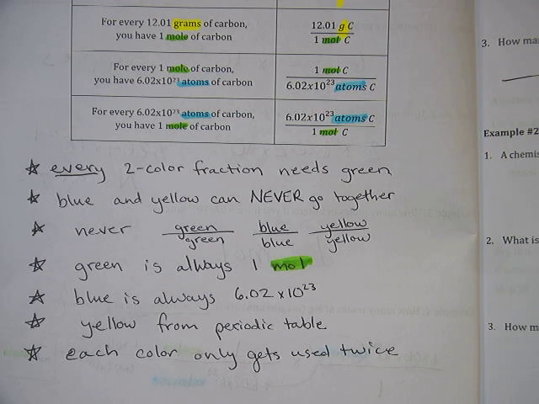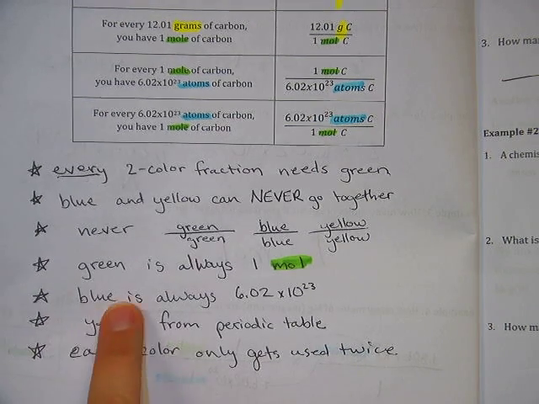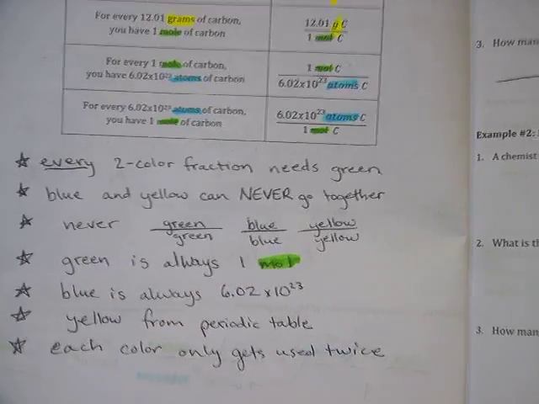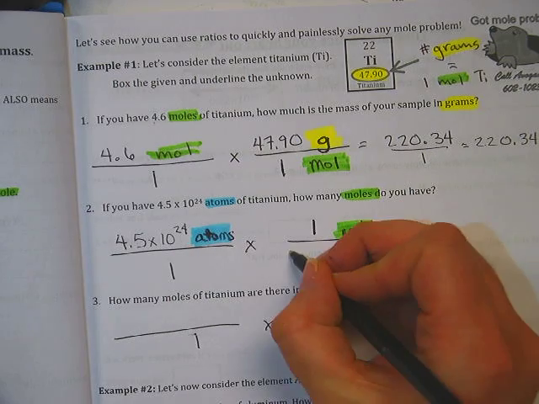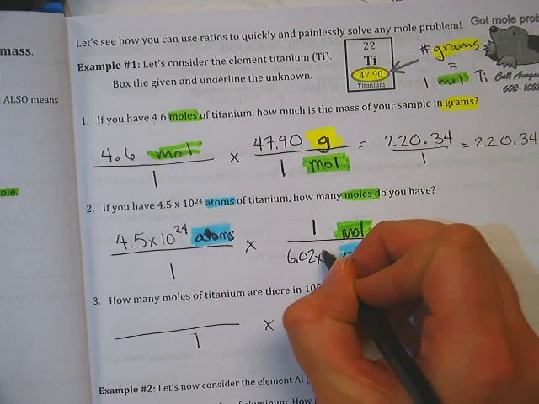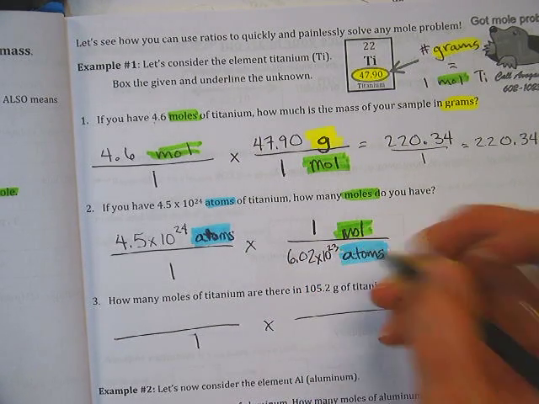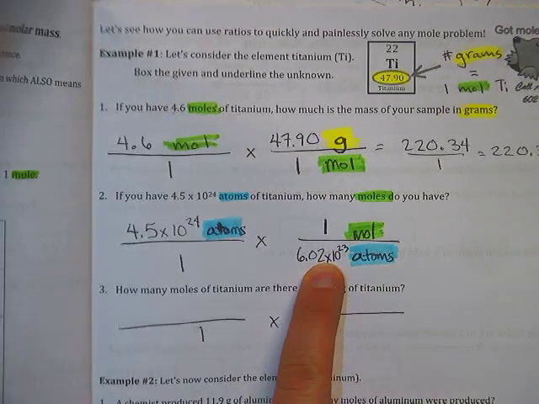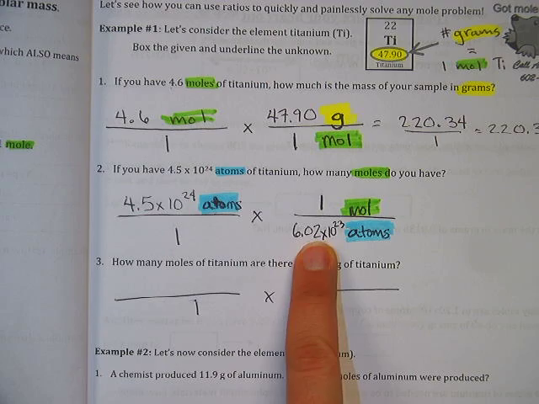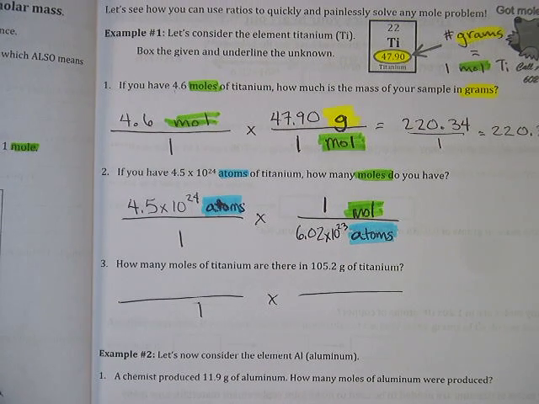When it's blue, use 6.02 times 10 to the 23rd. So if you were jumping the gun and putting some numbers in here and you put 1 atom, you would have had a problem. Blue is always 6.02.